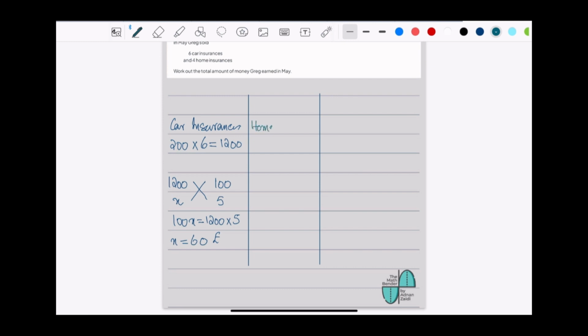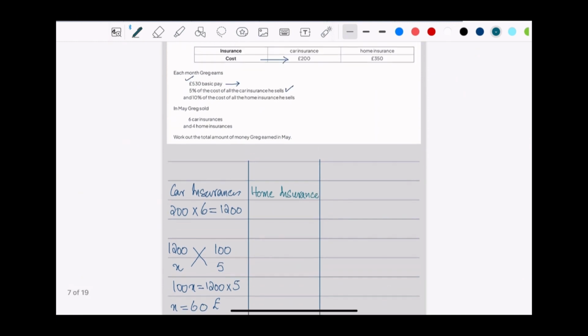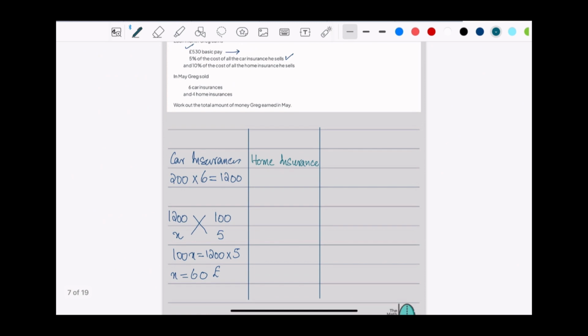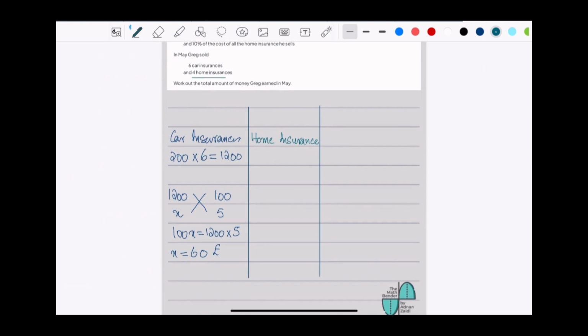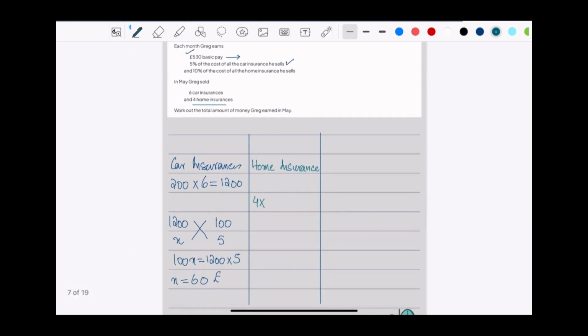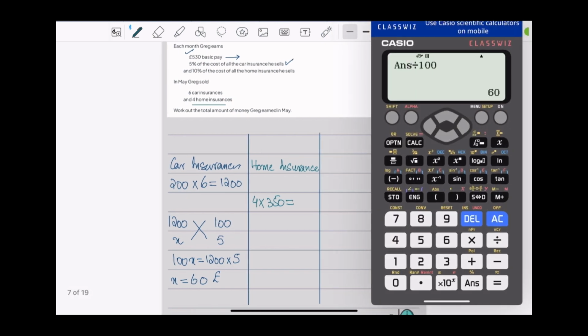So for home insurances, one insurance is 350 pounds and he was able to sell 4 home insurances. So 4 times 350, which is going to be 1400 pounds.